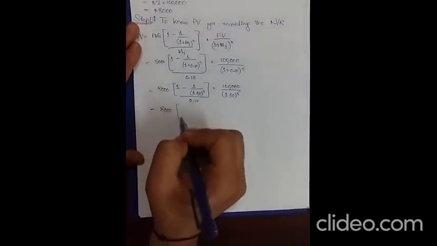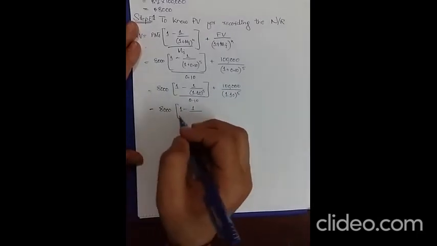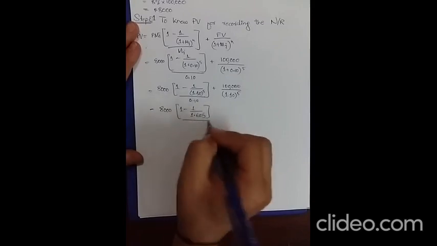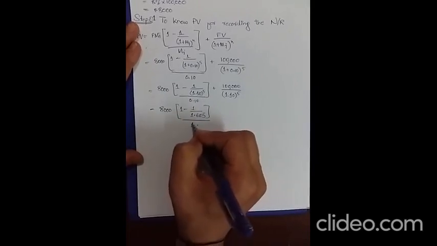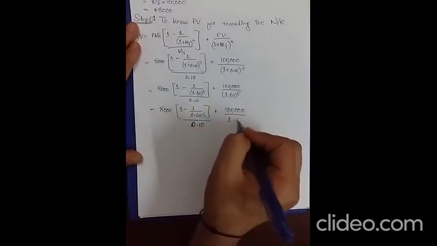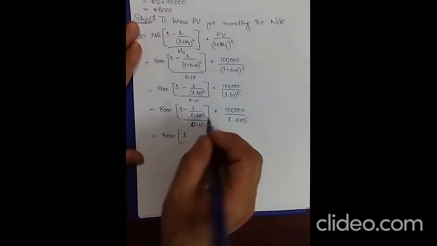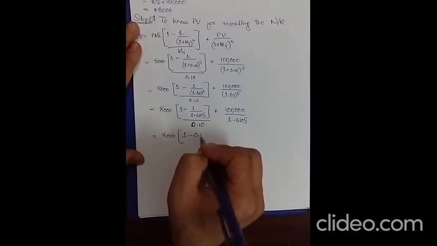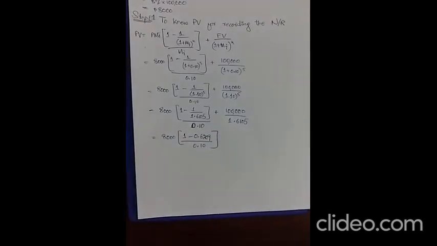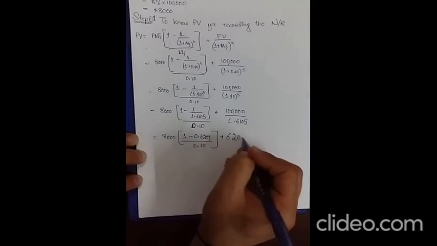Let's solve it further. Taking the power in this step, 1.10 to the power 5 becomes 1.6105. Then 1 divided by 1.6105 becomes 0.6209, and $100,000 divided by 1.6105 becomes $62,092.